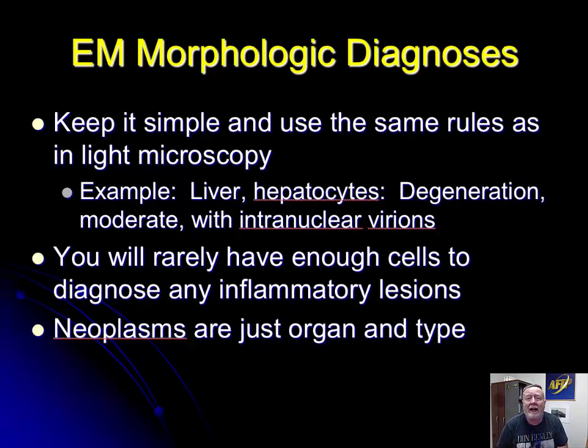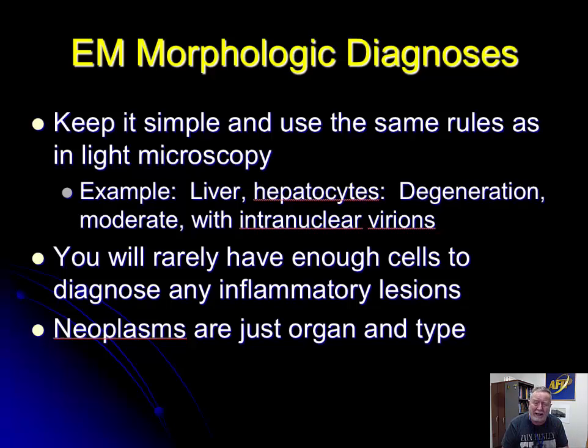So if I was looking at the liver of a chimpanzee with adenovirus, I may have 2 or 3 cells. I may have several cells, but because of the damage the adenovirus does, especially in chimpanzees, you often only have 1 or 2 cells that are left. So I would just simply say liver, hepatocytes, degeneration, moderate, marked, severe, whatever you want, with intranuclear virus particles.